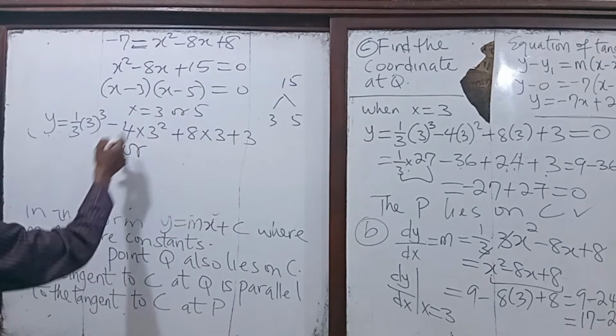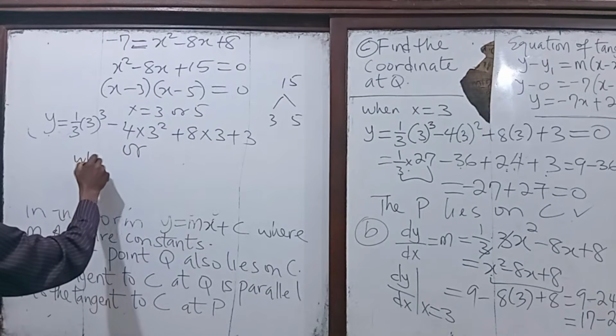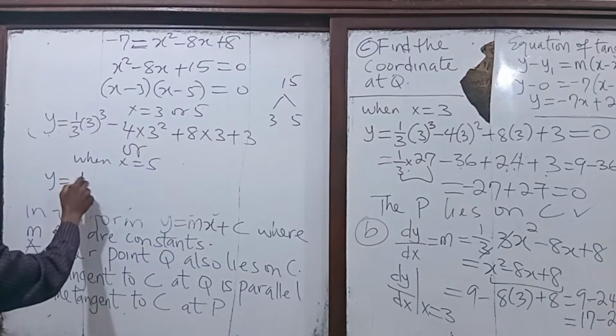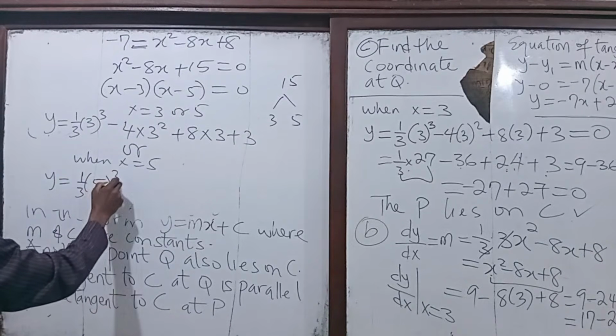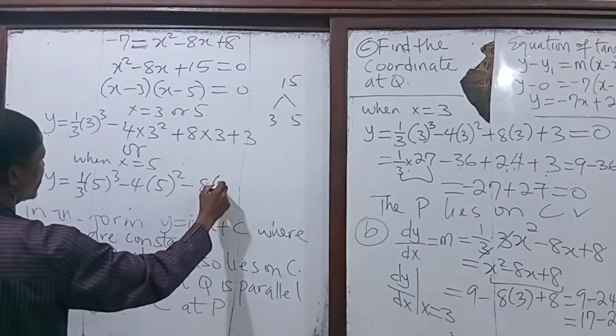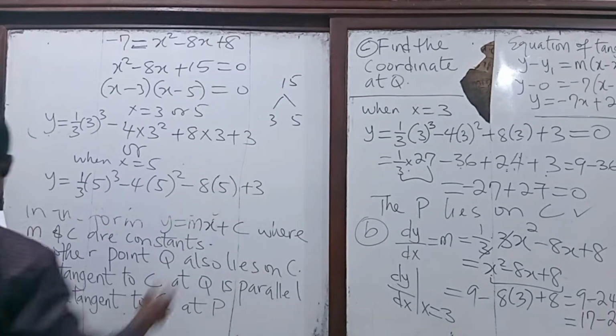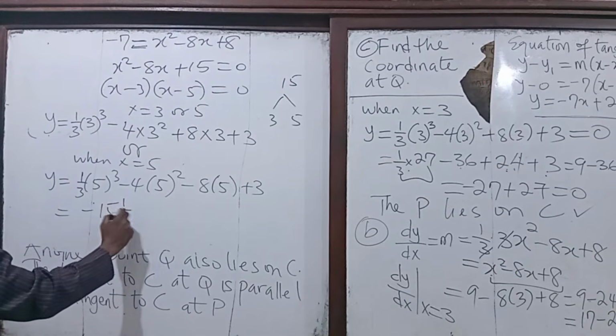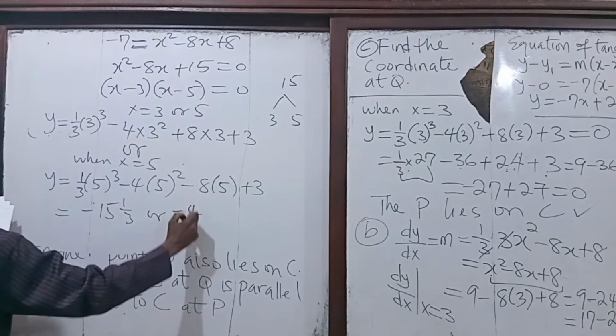When x is 5, do the same thing also: y equal to 1 over 3 times 5 cubed minus 4 times 5 squared plus 8 times 5 plus 3. So we are going to get 1 over 3 or minus 46 over 3.